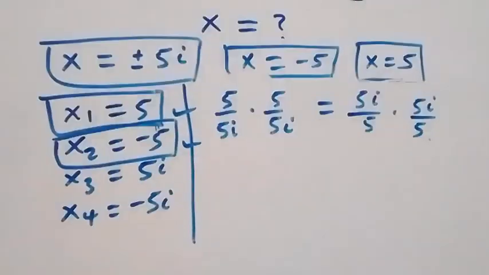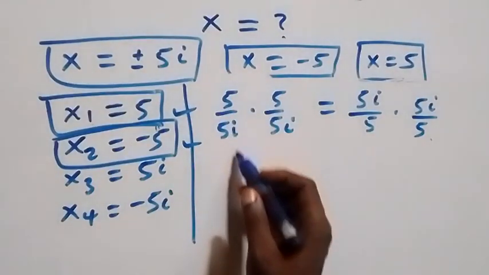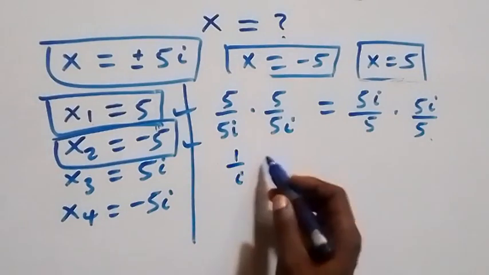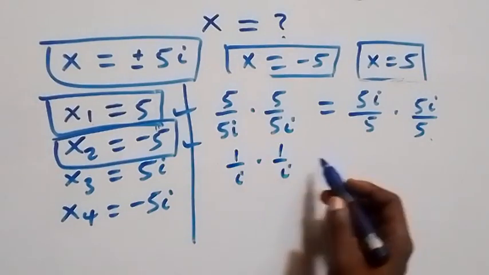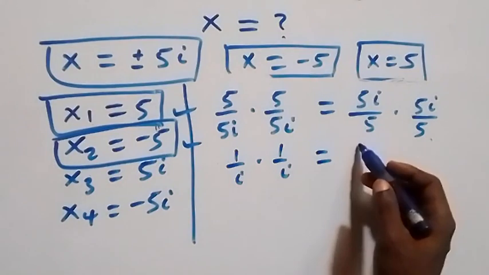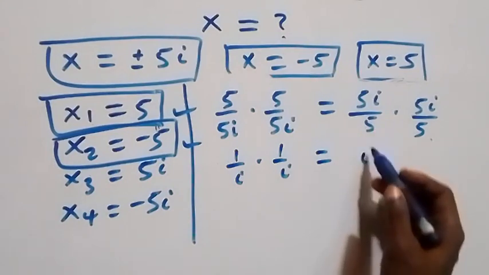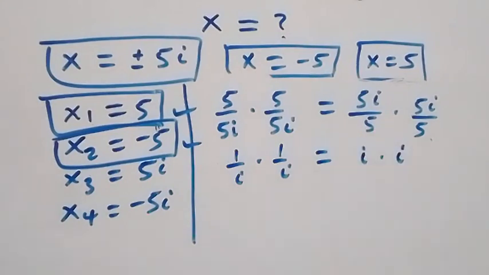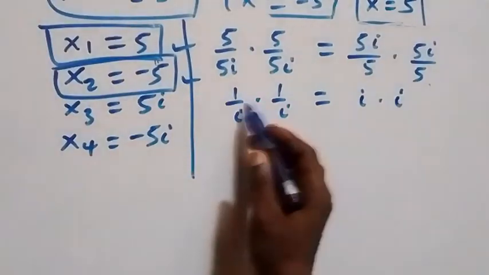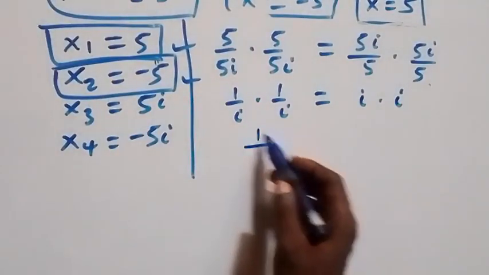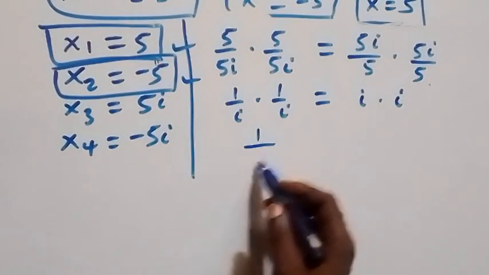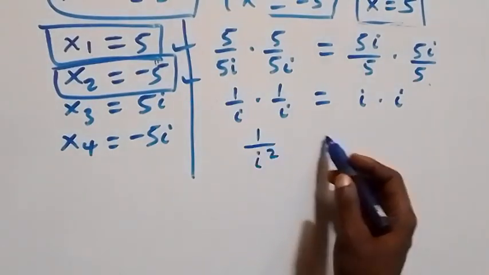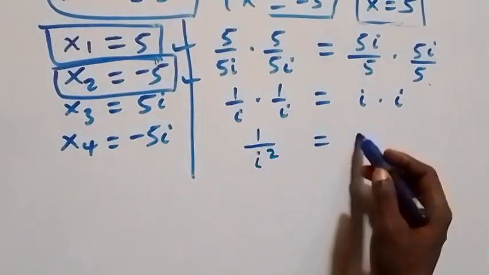Now, from what we have here, this is the same thing as 1 over i times 1 over i is equal to, here we have i times i. That is, this is the same thing as 1 over 1 times 1, 1. i times i, that's i squared, is equal to, on this side, we have i squared.